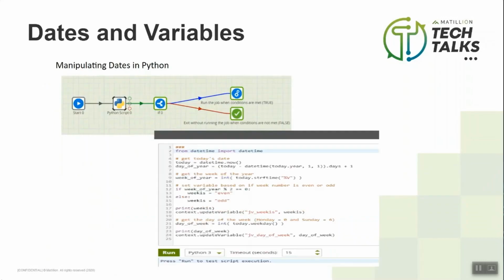Something that Python is really useful for is developing small scripts to help with the implementation of more complex logic and decisions. So I'm going to talk through a simple scheduling example, which will show you how you can manipulate dates in Python and integrate that with variables in Matillion to help you implement your processes.